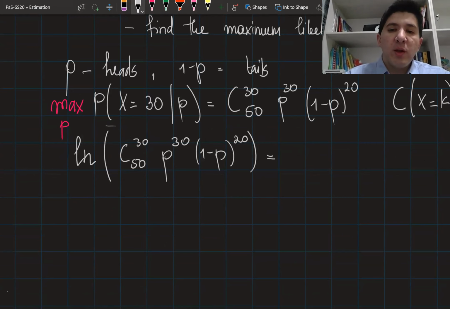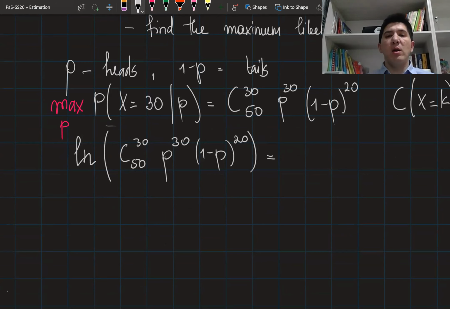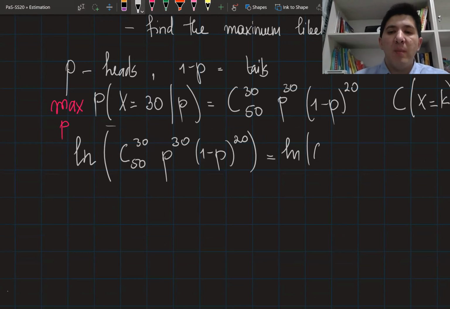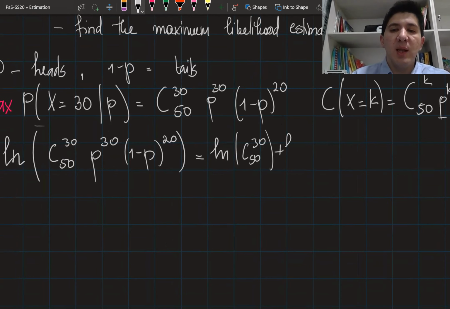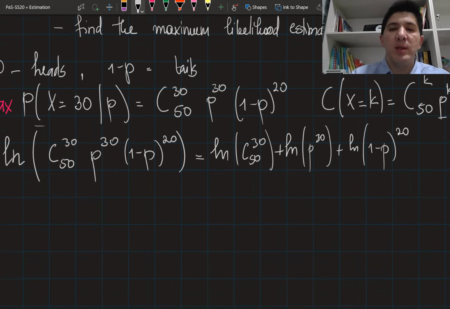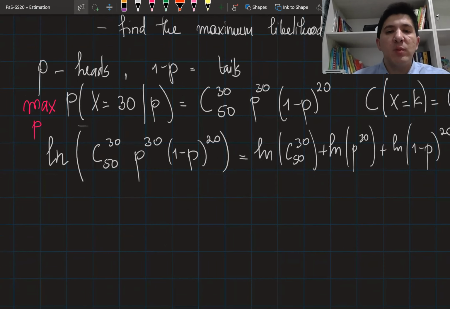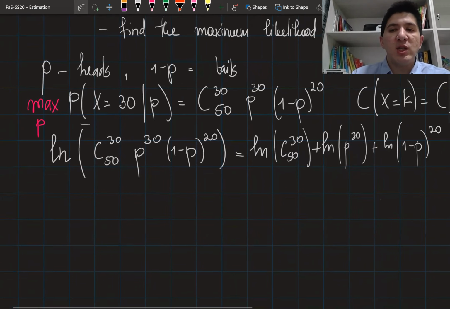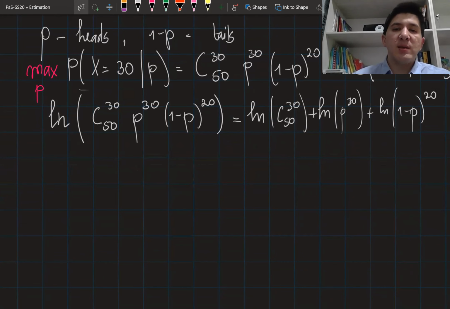So we know that for logarithms, we have the property that we can just expand the argument of the logarithmic function, right? We can write it as the ln of the combination of 50 and 30, plus the ln of p to the power of 30, plus ln of 1 minus p to the power of 20. So this is still a function which depends on p, and what I can do is take its derivative with respect to p, equate it to 0, and find the value for p, right?